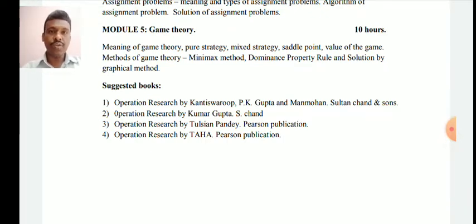A lot of 2 marks questions are asked in your question paper from this: pure strategy, mixed strategy, saddle point, value of the game. They will ask you the meaning of these. Then we'll also study the methods of solving game theory, that is the minimax method, the dominance rule or dominance principle method, and the solution to a game by using graphs.